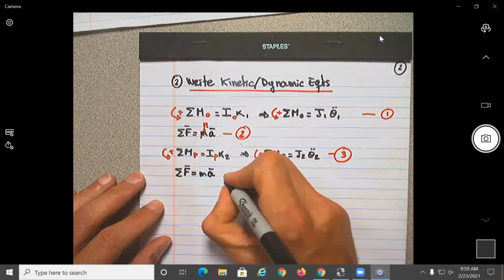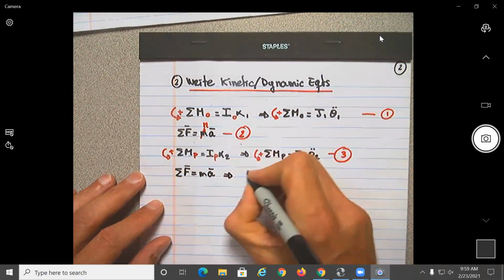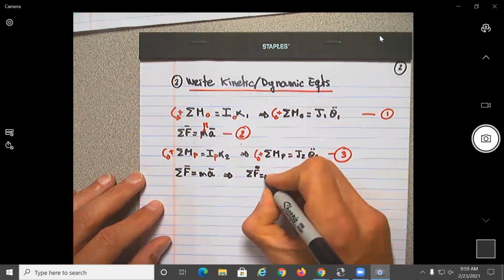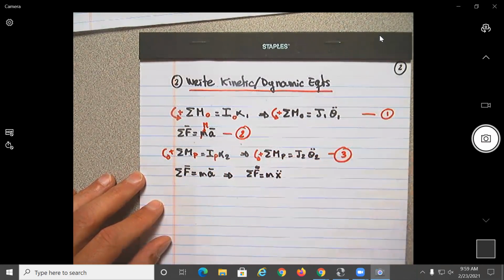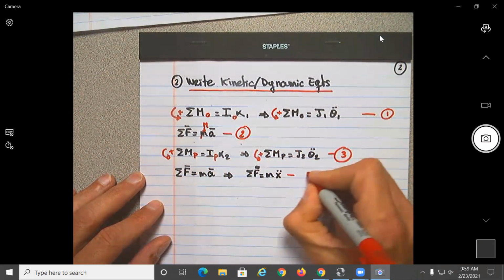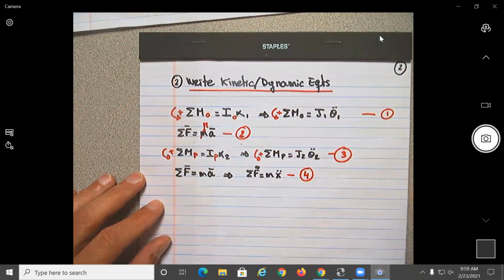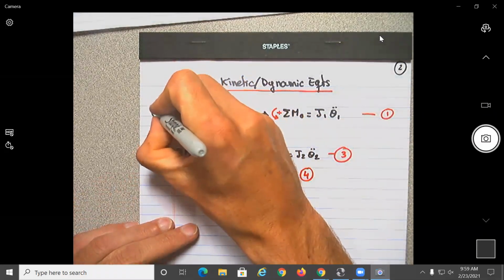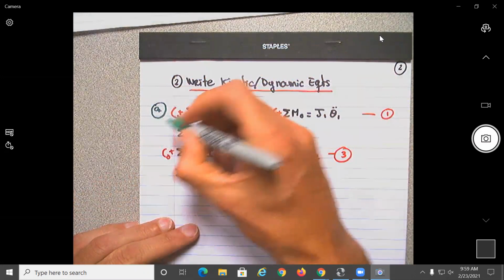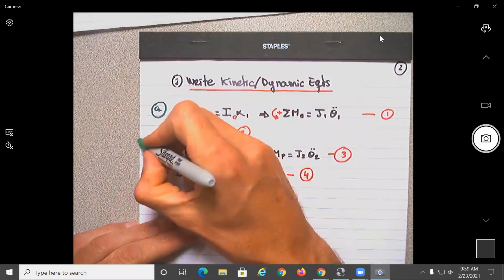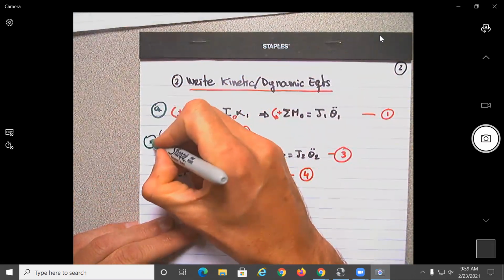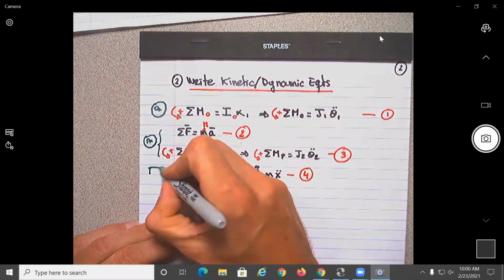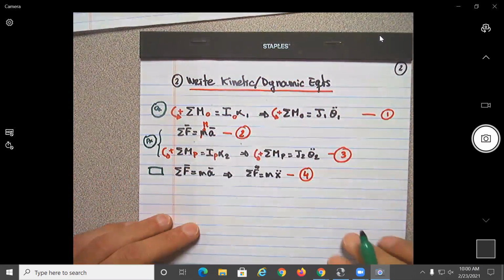So this will give you summation of forces equal to m x double dot, and this will be equation 4. So if you want to help you, this equation here is for the pulley with the center O. These 2 equations here are for the pulley with the center P, and this one here is for the block, no?